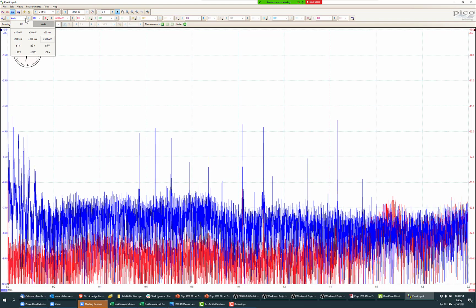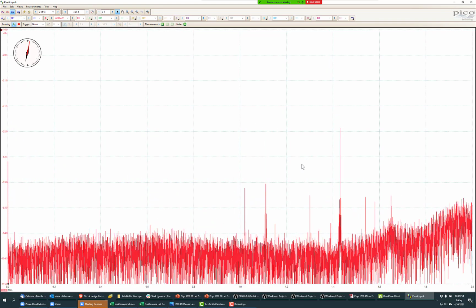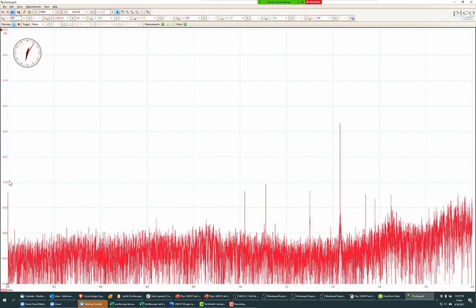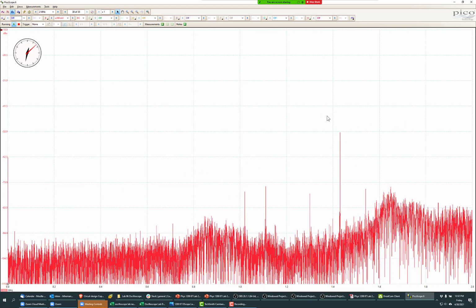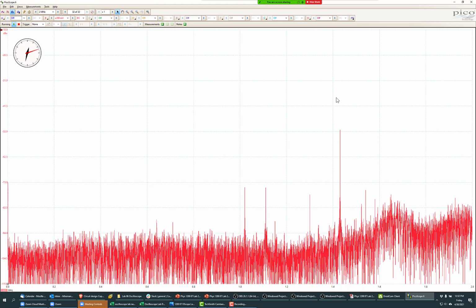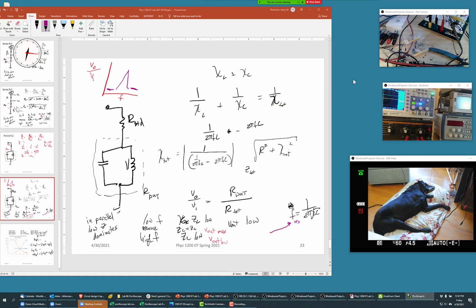And we'll get into this more next week. And now with the tuner circuit, it's killed the other guys, killed the 60 hertz noise on the left, and I see mostly just this one station up here. But we'll look at that next week.